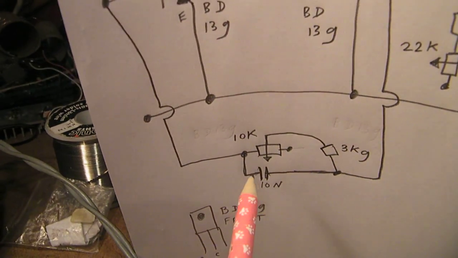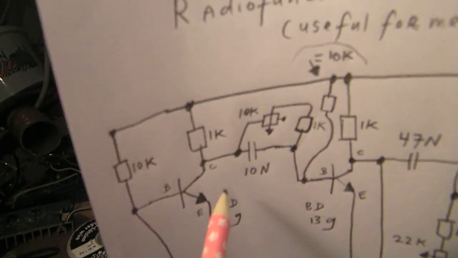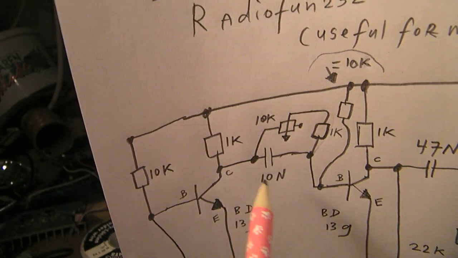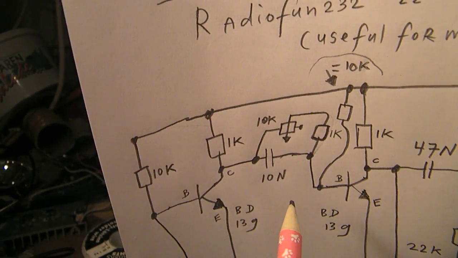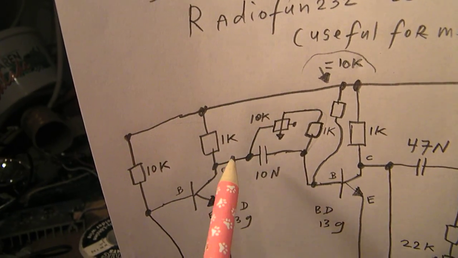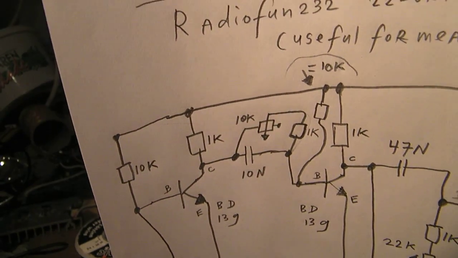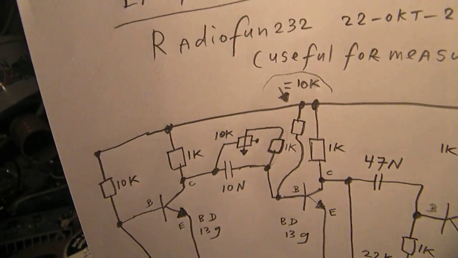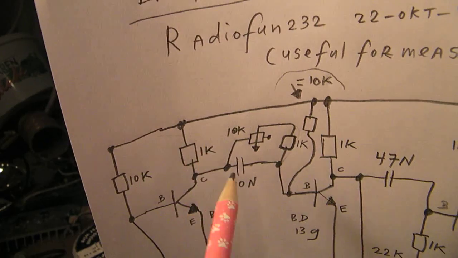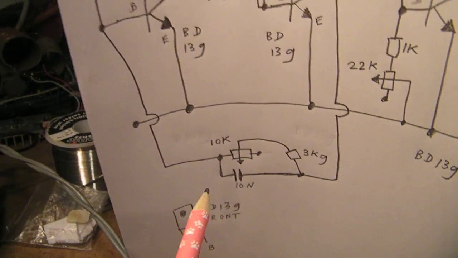I've also done that here. And of course when the capacitor is completely shut out, when a wire is here and here, it doesn't function anymore. It's shortcut. But this is a way to change the frequency also, that's clear.